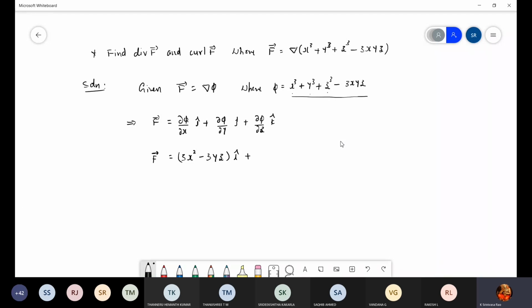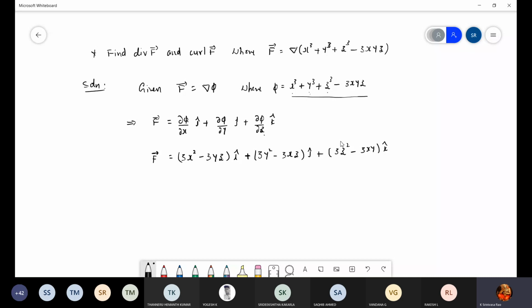Similarly, do the same with respect to y and with respect to z. Phi with respect to y: y cube differentiates to 3y square, minus 3xz, into j cap. Plus similarly, phi with respect to z: 3z square minus 3xy, k cap.